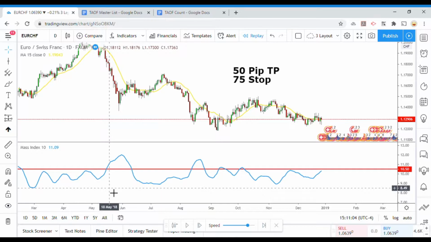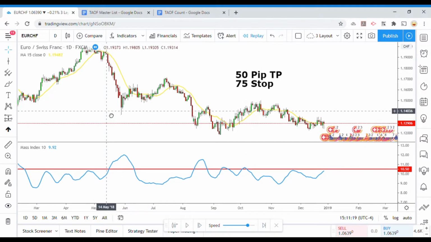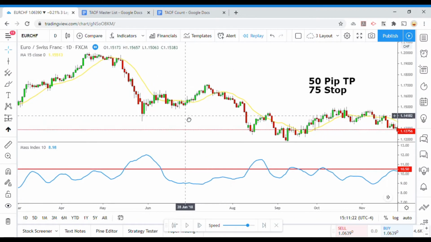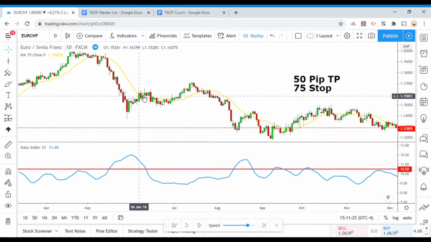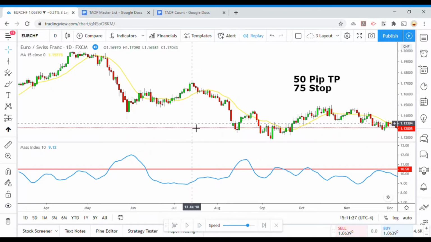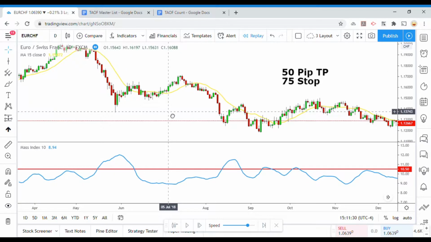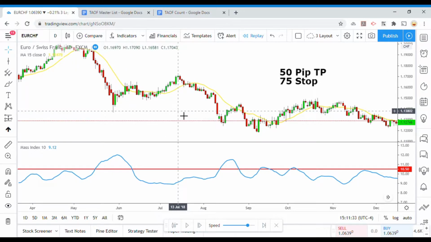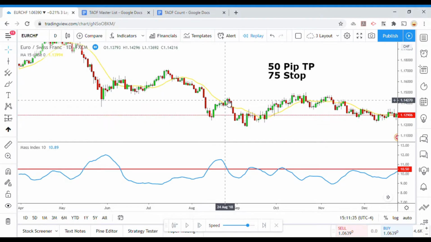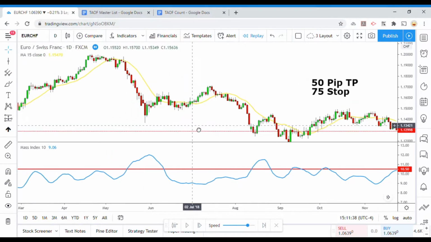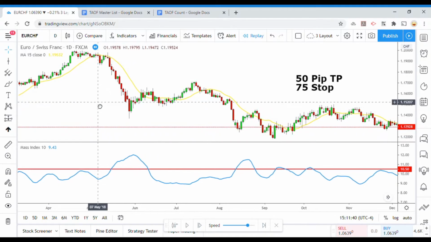Now, if you have watched my videos from the beginning, you know that I am not a fan of reversal indicators. And that's because reversal indicators often cap your potential. And that's because we see a lot of the time where price action will reverse for a moment and then continue back in the original direction that it was headed in. You can see that here, a reversal, and then it continues back down. It does these zigzags.